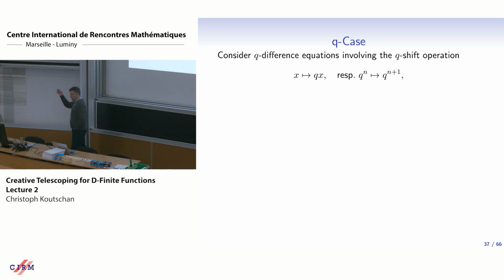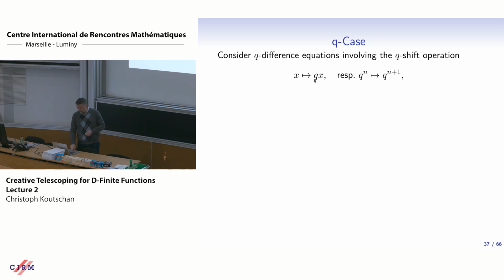I don't want to talk much about the Q case, but I have one slide so that it is at least mentioned. We have now seen the differential case that was D-finite, the shift case that was p-recursive, and then there's a third thing that is called the Q case, where we consider Q difference equations.